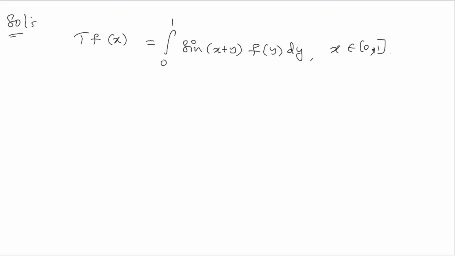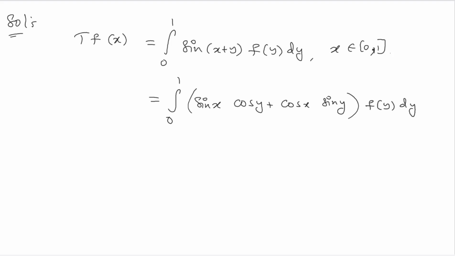This expression is a linear combination with how many linearly independent vectors for each given f. Since in the integration it is given sin(x + y), when we expand sin(x + y) using the formula, we get sin x cos y plus cos x sin y, times f(y) dy.